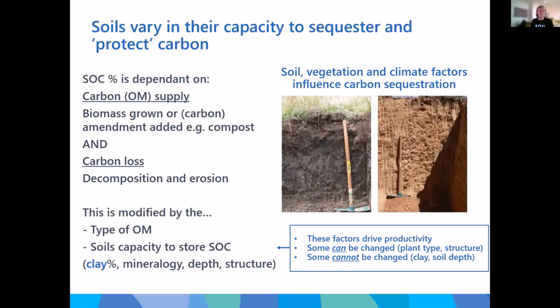Now, these are the factors that drive productivity. Some can be changed, such as the plant type and soil structure, and some can't be changed, such as the amount of clay and the type of clay.